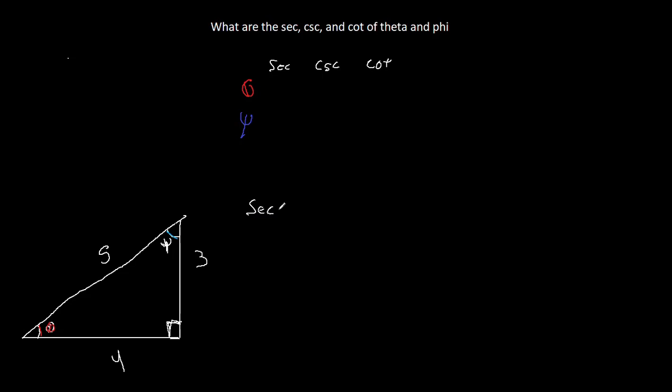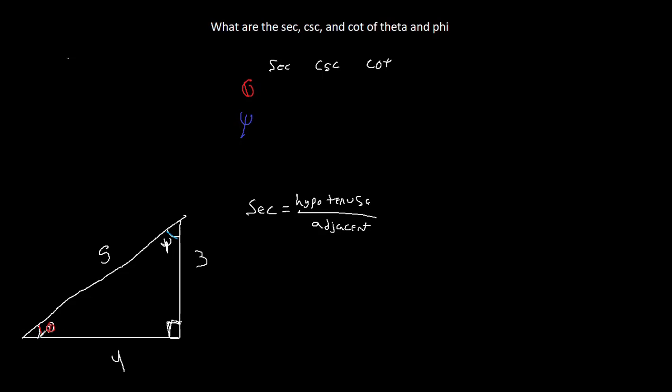So secant is going to be hypotenuse over adjacent. Right? So let's talk about theta first.